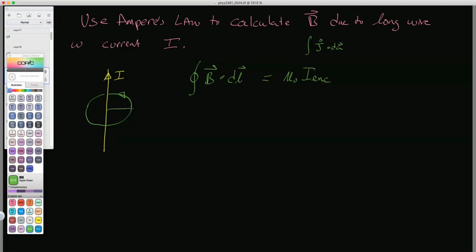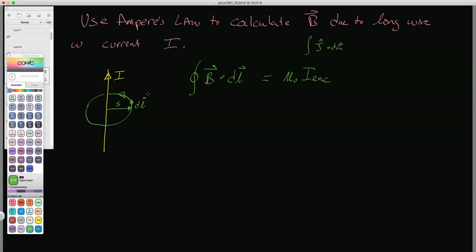Okay, so now we just have to figure out what this is. First of all, we have a distance S away that we're putting our loop at. That's where we're interested in the field. And dl will be this little vector that points perpendicular to S in this case.